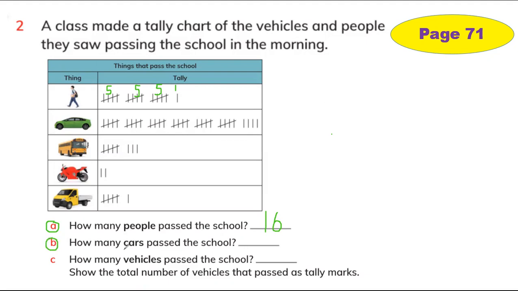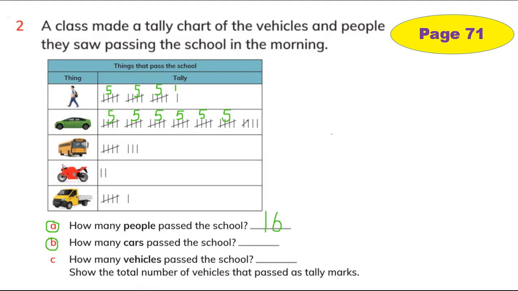B. How many cars passed the school? I'm talking about car in the vehicles. The students made the tally chart and recorded all the tallies. Let's count. Here is 5. 5 plus 5, 10. 10 plus 5, 15. 15 plus 5, 20. 20 plus 5, 25.